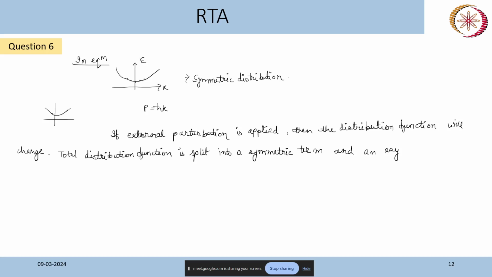So the distribution function, which is a function of position, momentum and time, can be written as the symmetric term plus an asymmetric term.